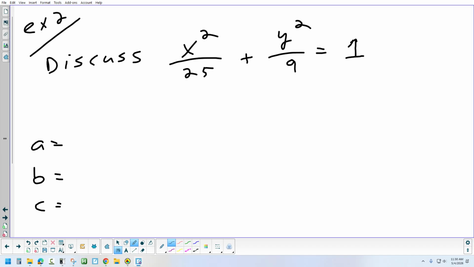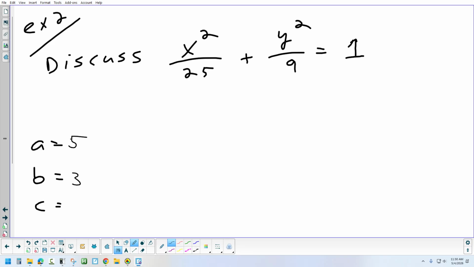First thing you always want to do is identify the A, the B, and the C. Okay, what is A in this case? Yep. 5. It's always the bigger number, so look at the 25 and then take the square root. Okay, what's B? Yep. 3.